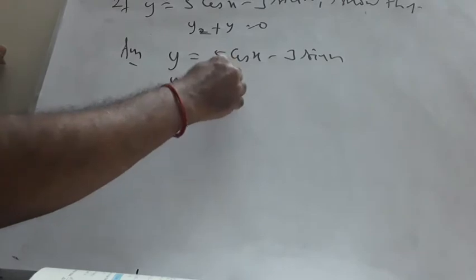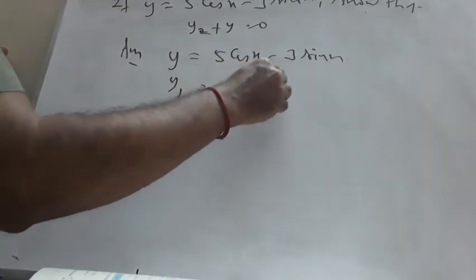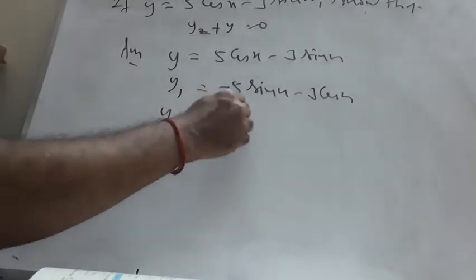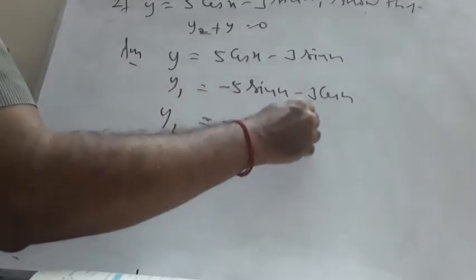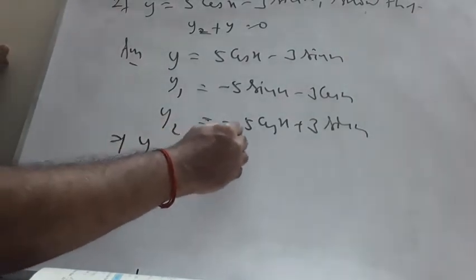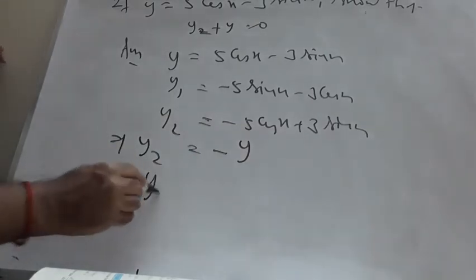My y1 is minus 5 sin x minus 3 cos x. y2 becomes minus 5 cos x plus 3 sin x, which implies y2 is equal to minus of y, which implies y2 plus y is equal to 0.